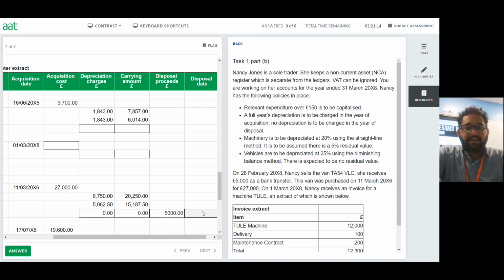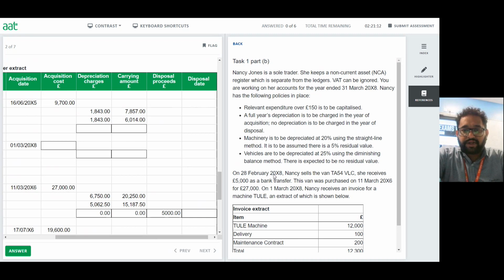The date of disposal is going to be 28-02-X8, the year being 2018. You must follow this and do that very clearly.